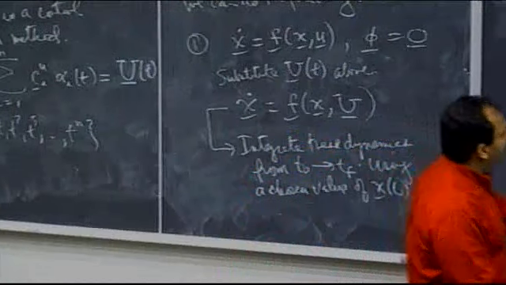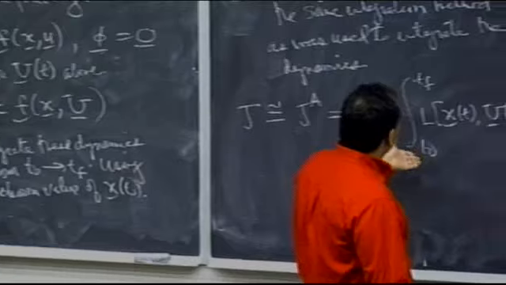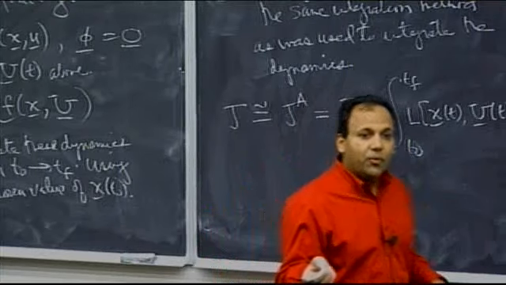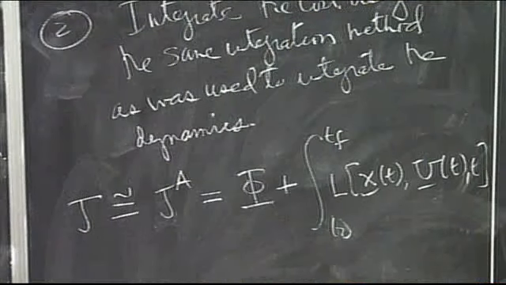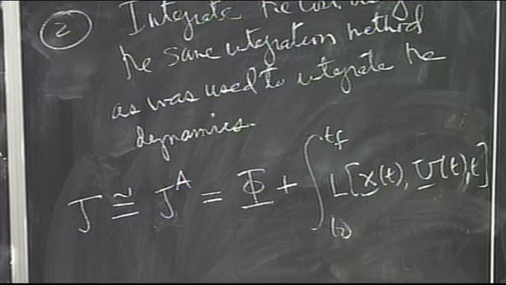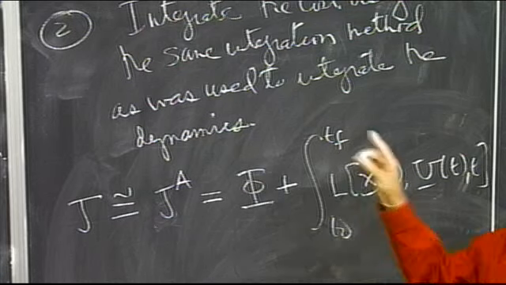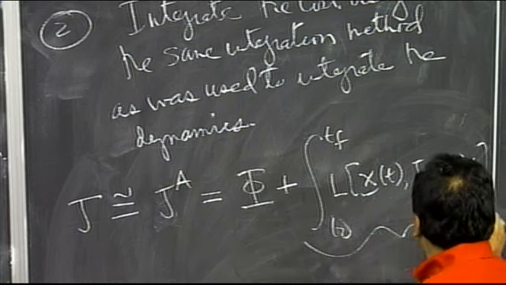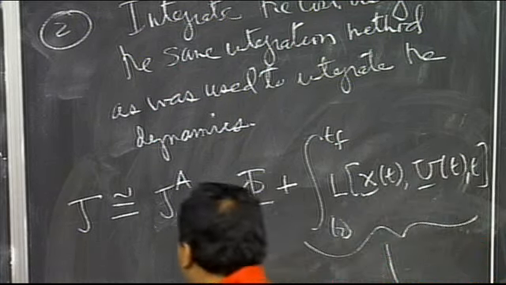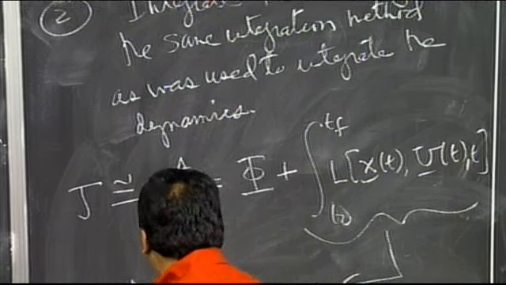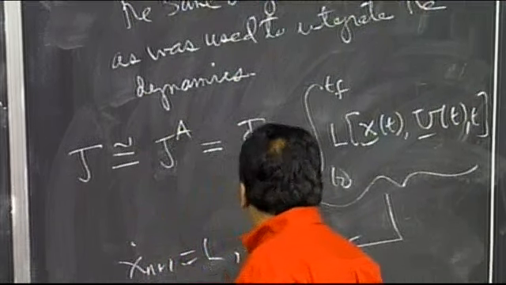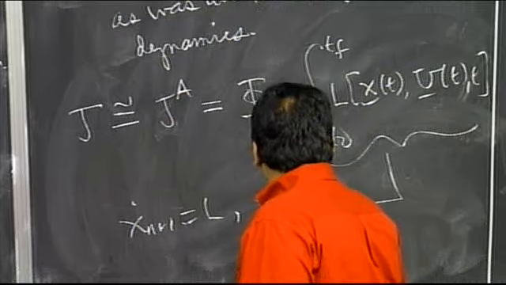Because I know the initial value of this integral is 0, right? So I can do the same thing I told you before, which is I can transform this whole thing to Mayer form by adding a state where the derivative of that additional state is equal to L, and I integrate, right? So this whole thing here can be done this way. I could say x n plus 1 dot is equal to L, where x n plus 1 at 0 is equal to 0.